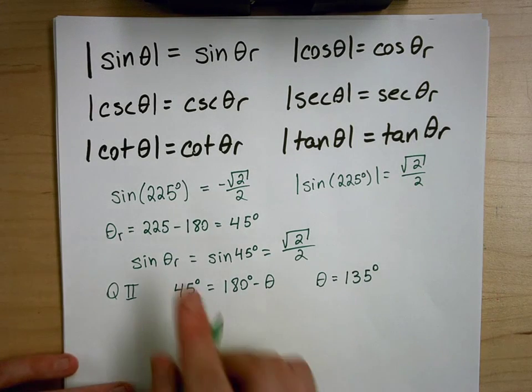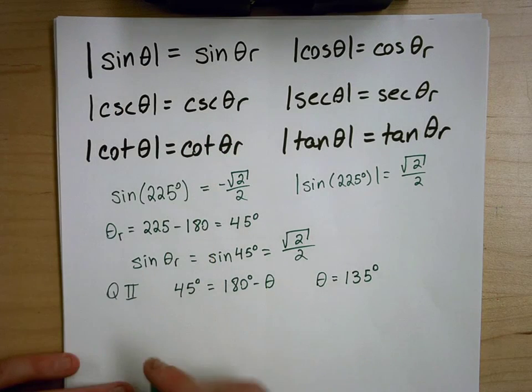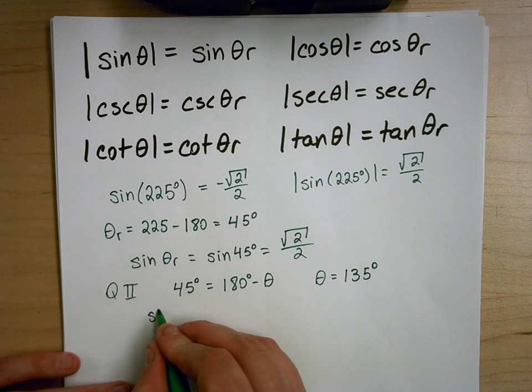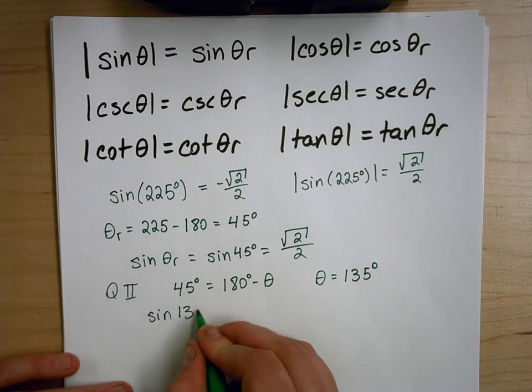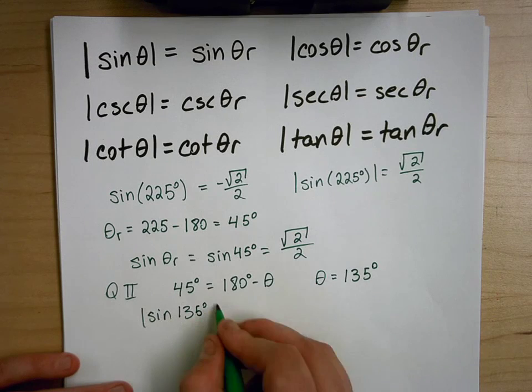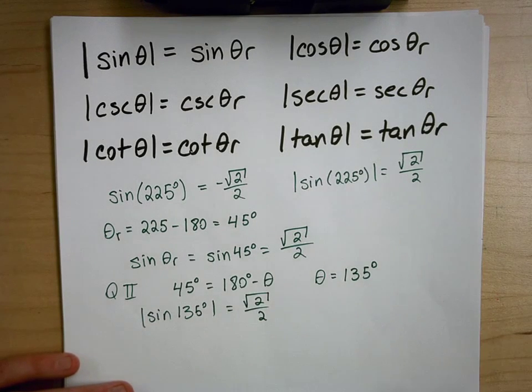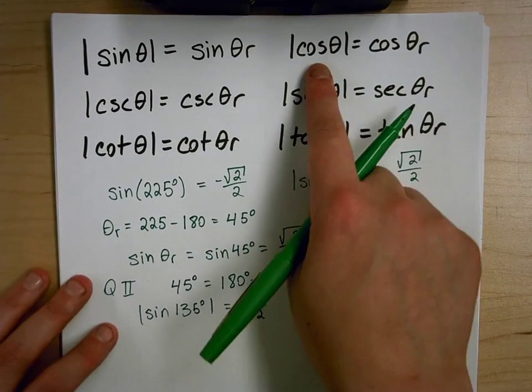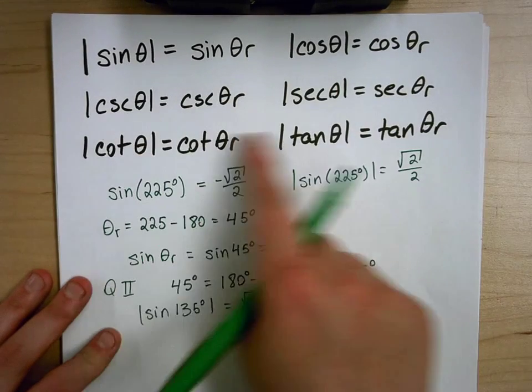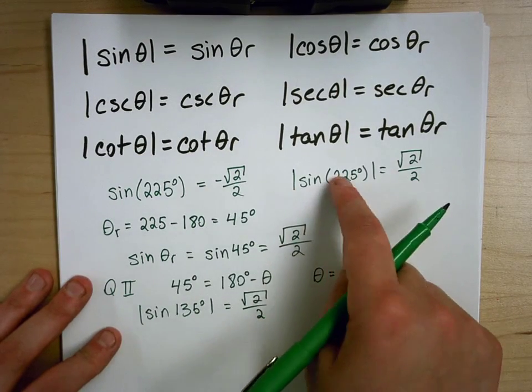Now if I plug that in here, I'm going to get the absolute value of sine 135 degrees, and that's going to give me root 2 over 2. This also holds true for cosine, cosecant, secant, cotangent, and tangent.